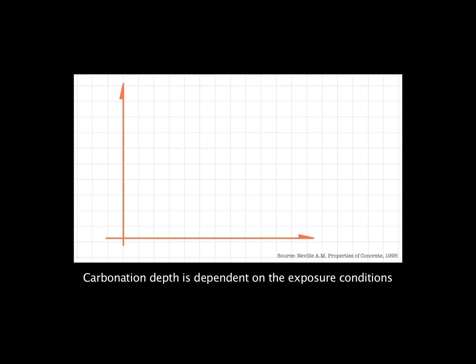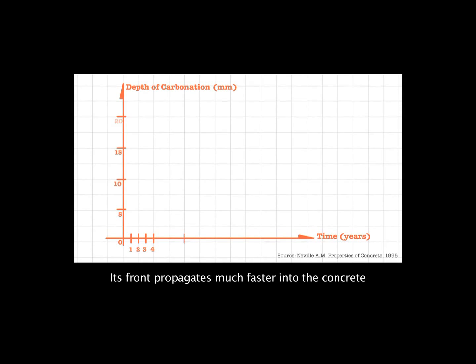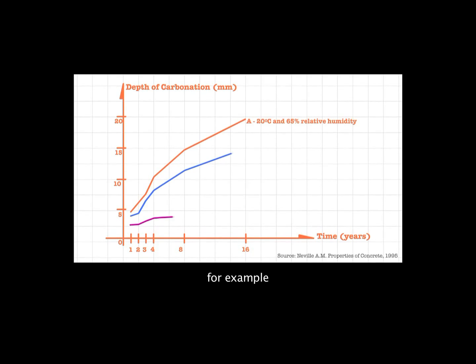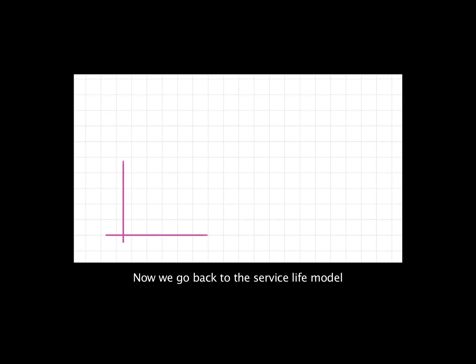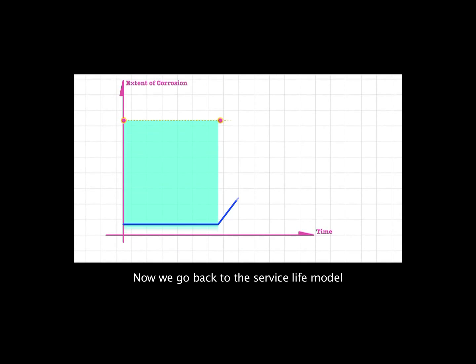Carbonation depth is dependent on the exposure conditions. Its front propagates much faster into the concrete when optimal temperature and humidity are reached, for example, at 20 degrees Celsius and 65% relative humidity. Now we go back to the service life model.